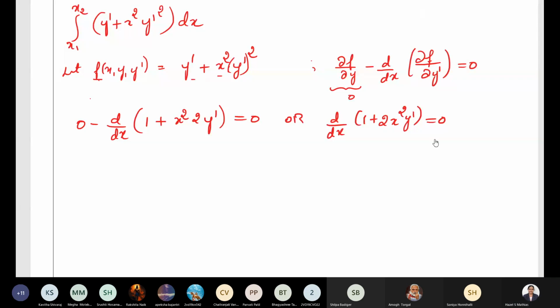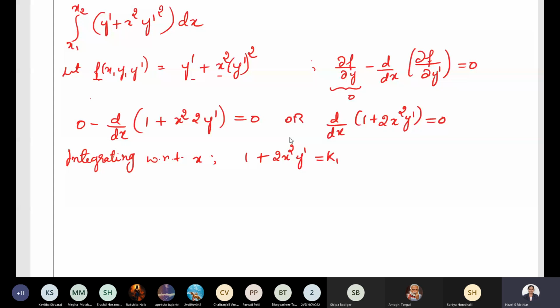Now we have to find the value of y. Remember that. First, we shall integrate with respect to x. So what happens when we integrate with respect to x? We get 1 plus 2x square y dash is equal to some constant.